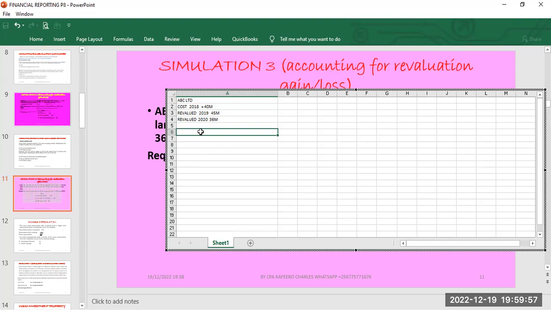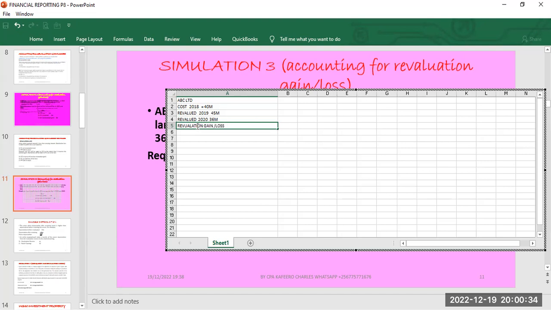Now we can bring in a formula, because what we are looking at is accounting for gains and losses. If you didn't get how we define the revaluation gains, you can watch our previous videos. A revaluation gain or loss cannot occur at the same time.